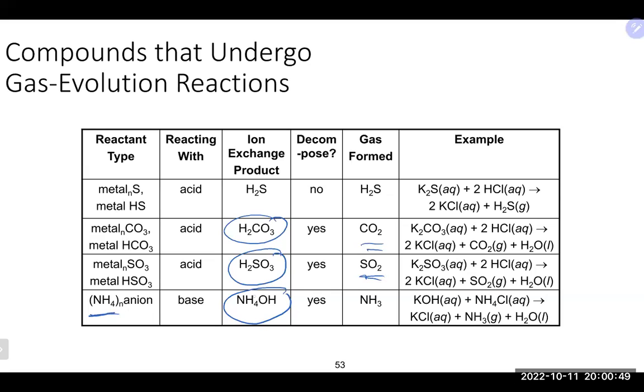And if you have ammonium, NH4 plus, and you react it with a base, you will actually get ammonia back, NH3 gas. The direct one is you have anything with sulfide or hydrogen sulfide, you will get hydrogen sulfide gas being produced directly. So it's a good little table to reference.